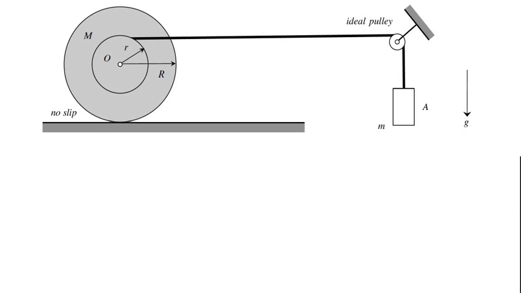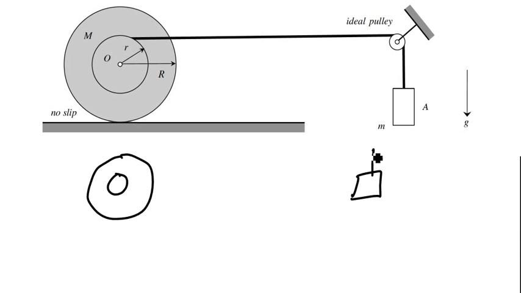So instead I'm going to draw free body diagrams separately here for the spool and for the block, and I'm going to apply separately linear impulse momentum methods as well as angular impulse momentum methods to ultimately get my answer.